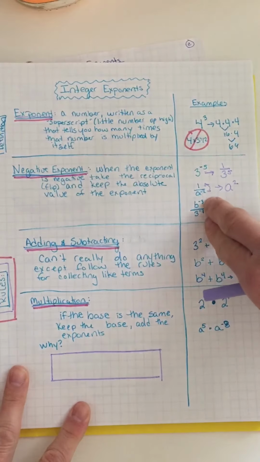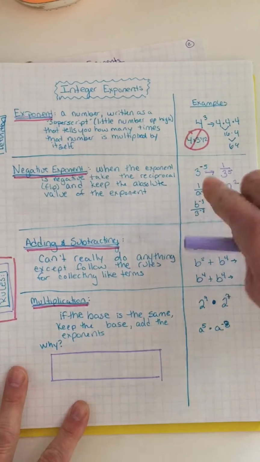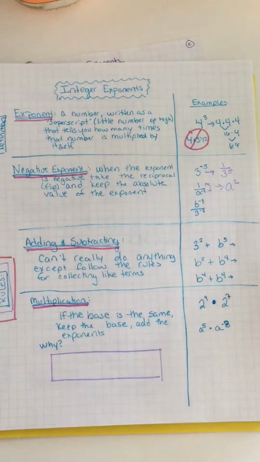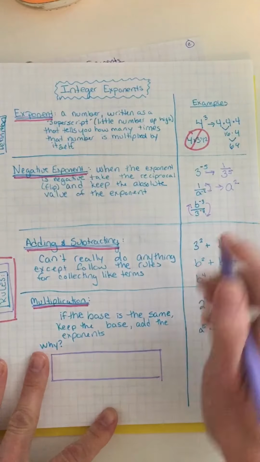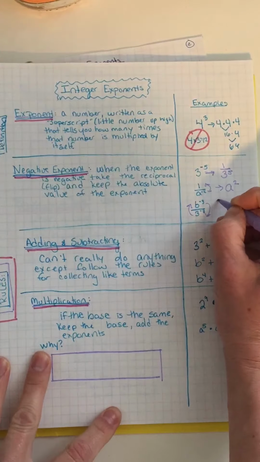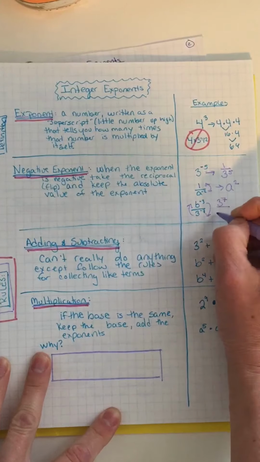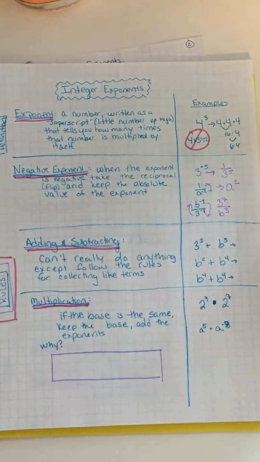Here, I have both of these with negative exponents, so I'm going to flip that one down there, and that one, since it's also negative, gets flipped up there. So this becomes 3 to the 7th power over b to the 3rd power.